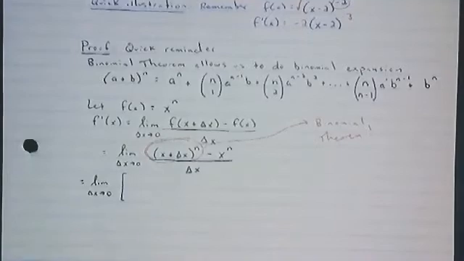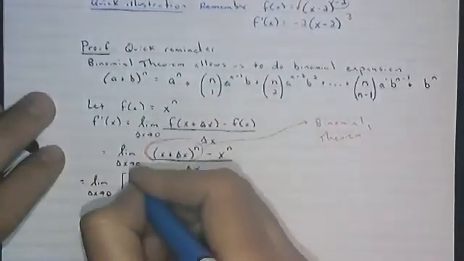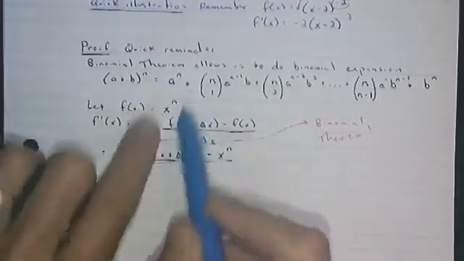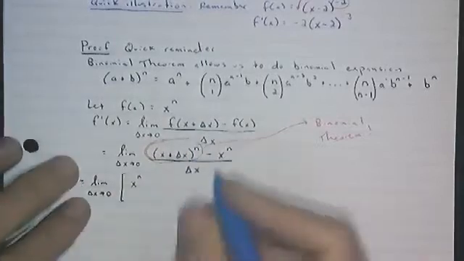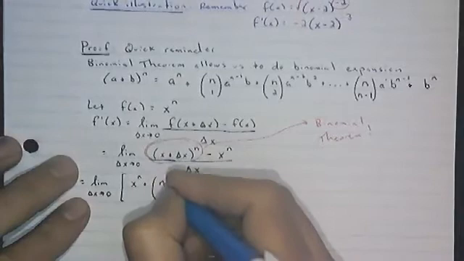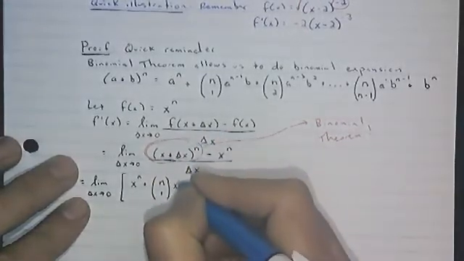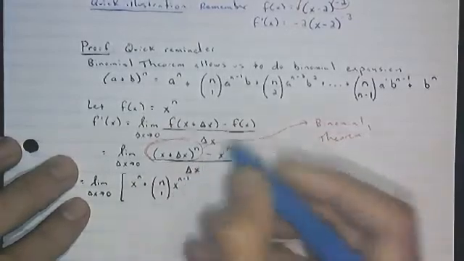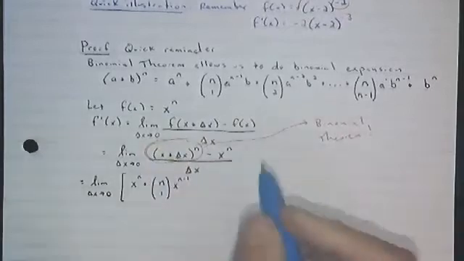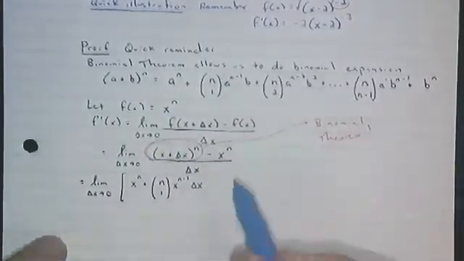So with x as a, the first term in this expansion is x to the nth power, plus n choose 1, x to the n minus 1, b is delta x, times delta x to the first power.